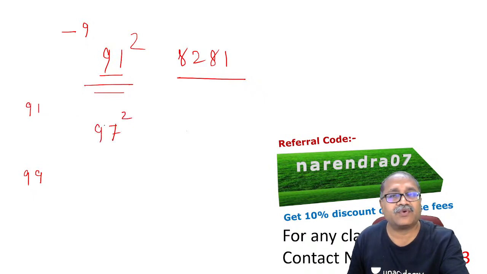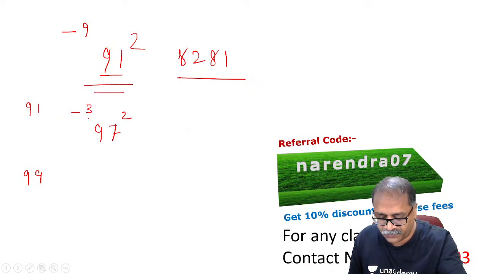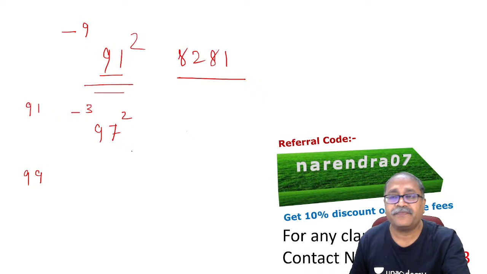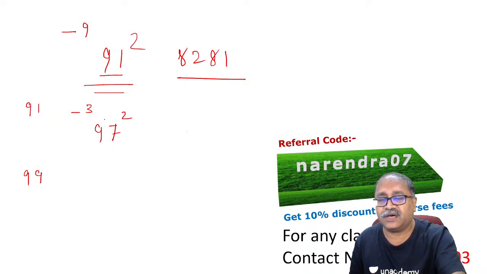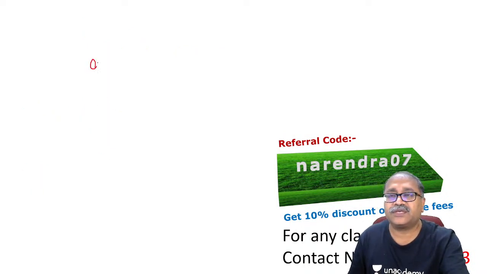So 97 square, how much less than 100? That's 3 less than 100. That's right. Now look at this 97 square. How do I find out 97 square?